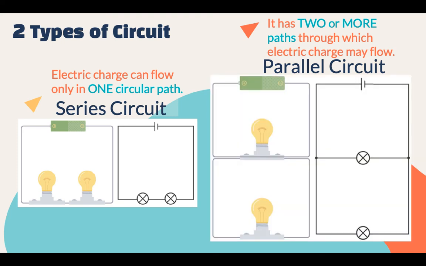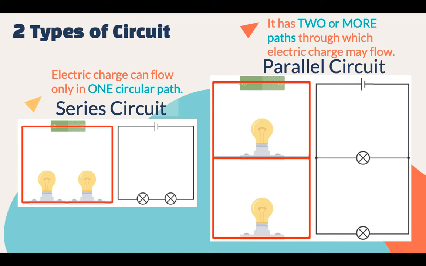This is an illustration of a parallel circuit. So basically, the only difference in this illustration is the number of their paths. Let's count the paths of a series circuit. It's 1. For a parallel circuit, we have 1, 2.